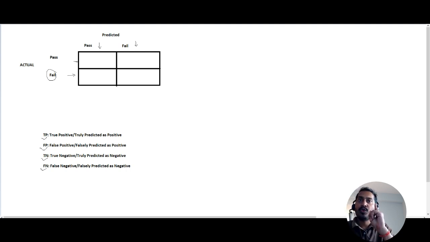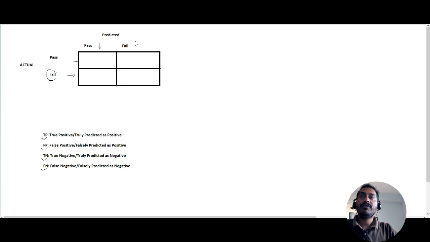Now just understand one very important rule: the first value always refers to the actual values. And the second value, P, in true positive, T represents the first value and P represents the prediction, which is pass. So truly, that's the reason it is showing truly predicted as positive.